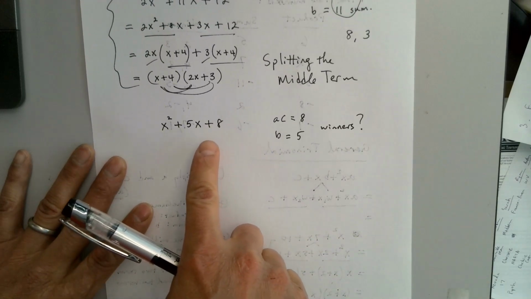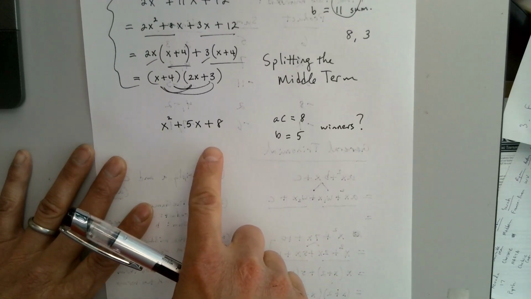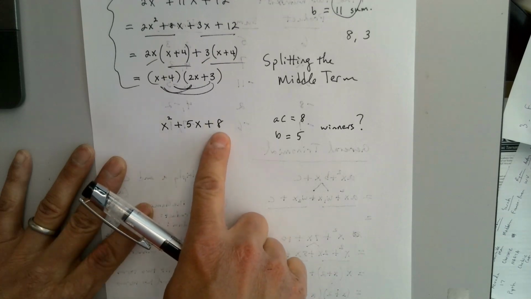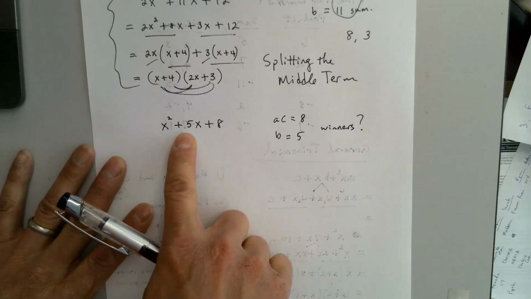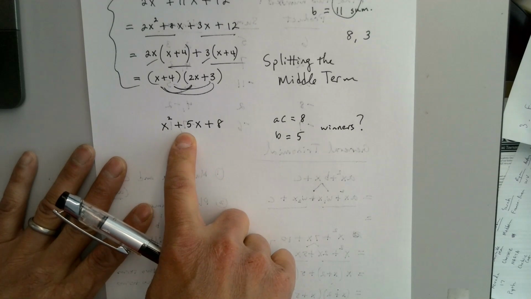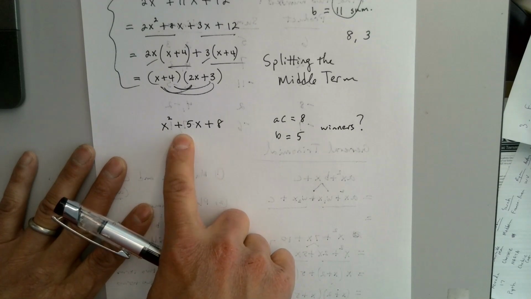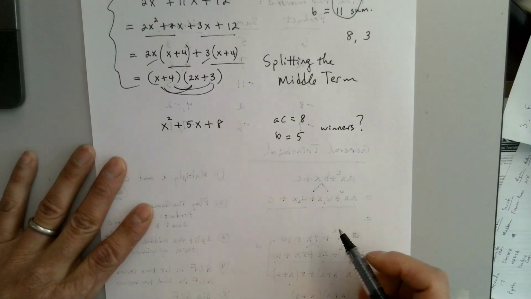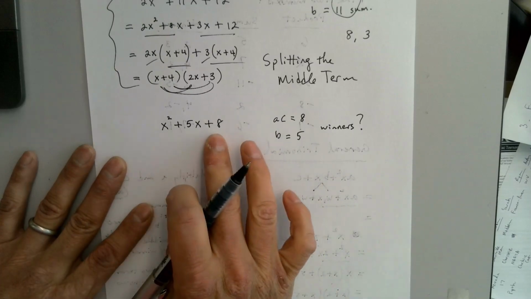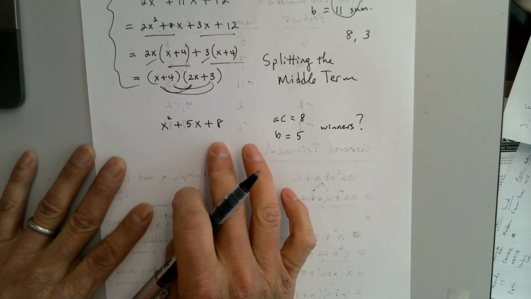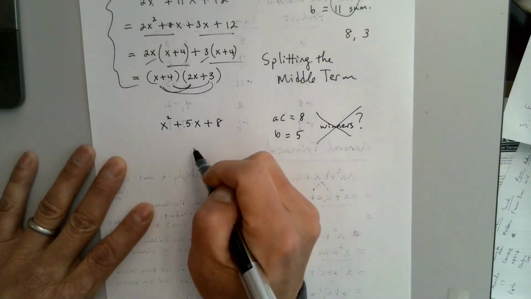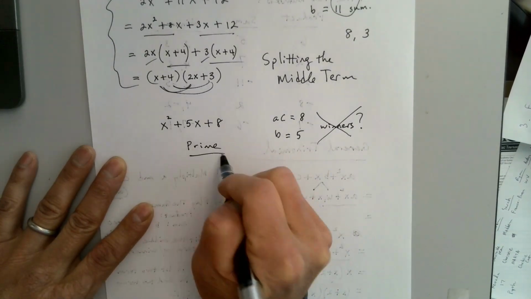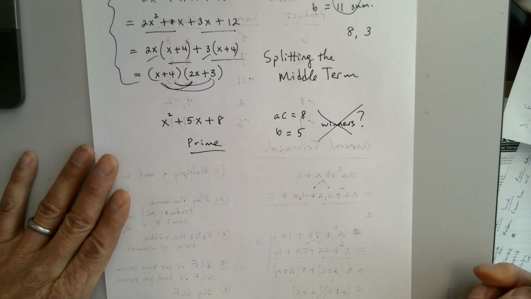There's no such pair of integers where the product is 8 and the sum is 5. They just don't exist. In fact, I don't even think there's a pair of fractions that would work. So if winners don't exist, then that trinomial is prime.